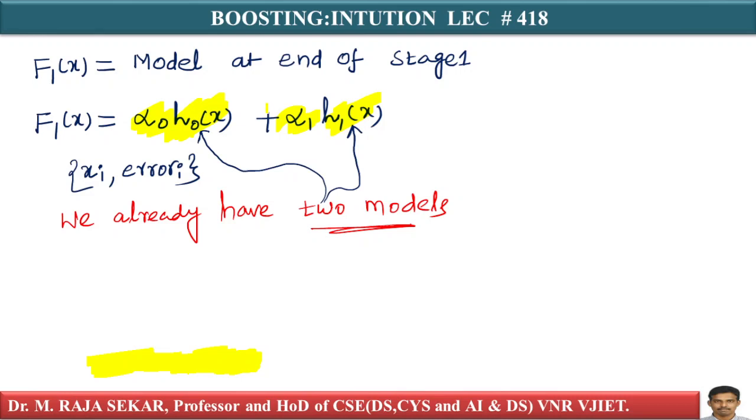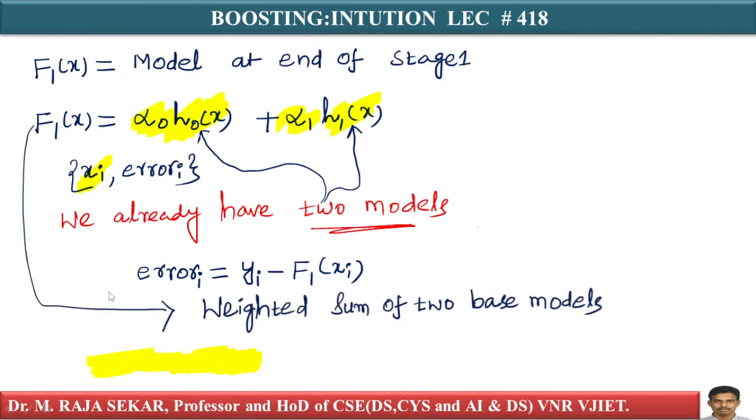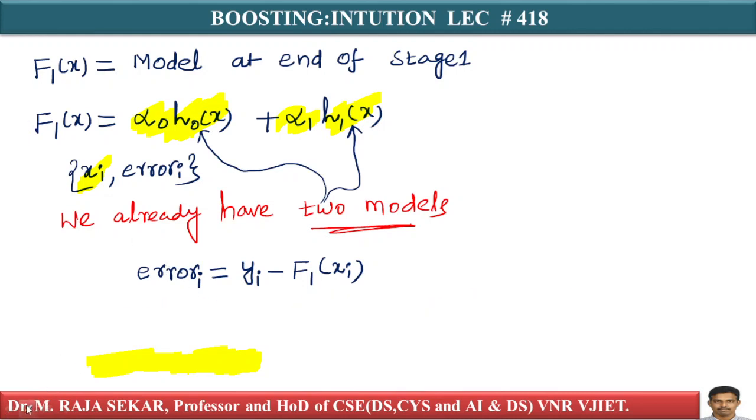For now, let's assume in stage 2, my xi remains xi. What is my error? Error of i is yi minus f1 of x. We know what f1 of x is, isn't it?